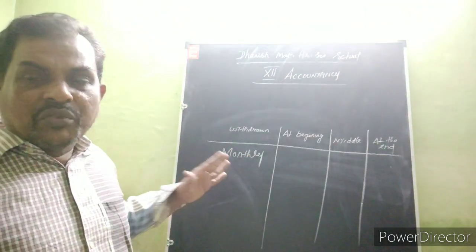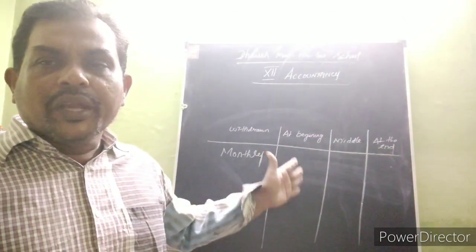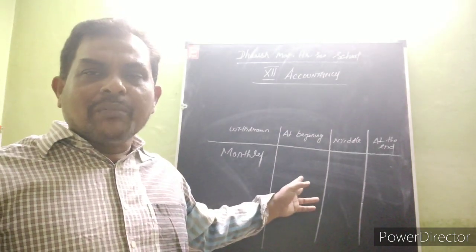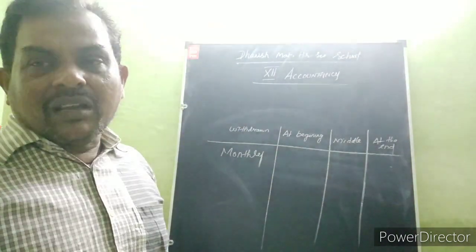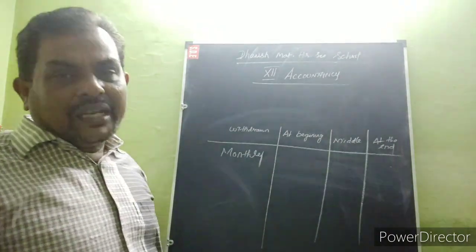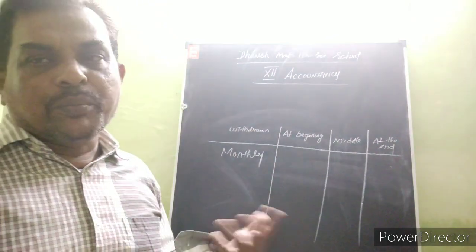This tabular column is very important, because based on this tabular column only we are going to do the sum. With the help of this tabular column only we are going to do the sum under the average period method of interest on drawings. So your withdrawn may be monthly. Monthly means some of the partners are taking monthly. Every month some people will take.